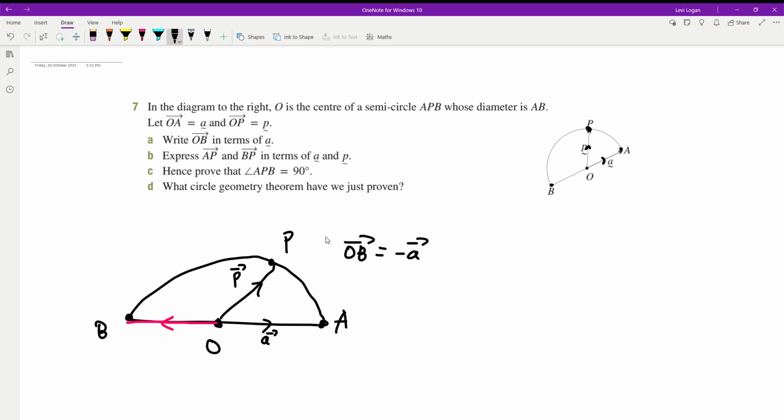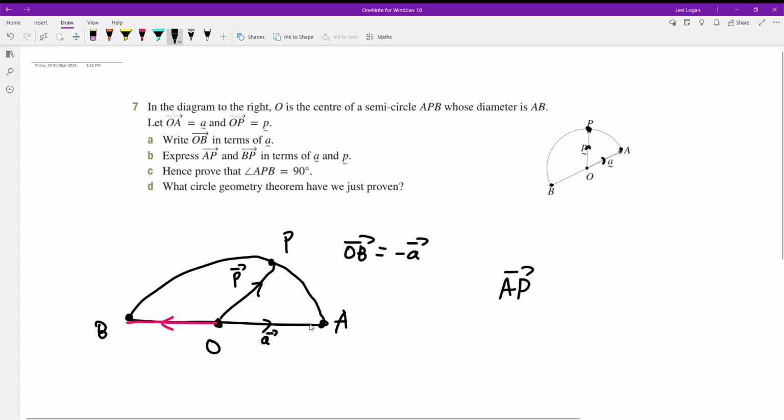Right, express A to P and B to P in terms of A and P. So A to P, we're going from here to pretty much here, so that vector there. Don't be confused. That's not this arc length here. That's not a vector. A vector cannot be curved.